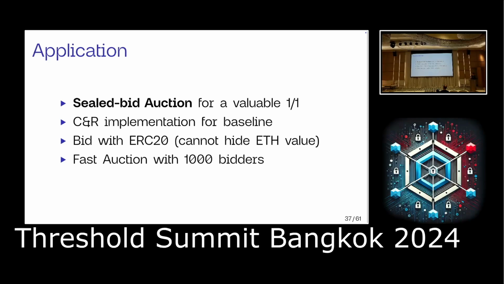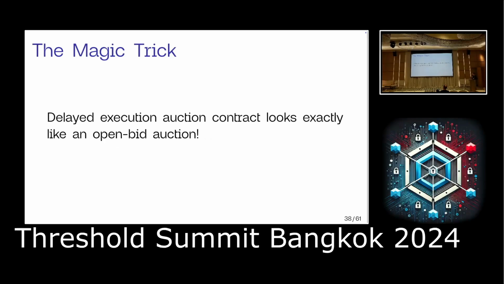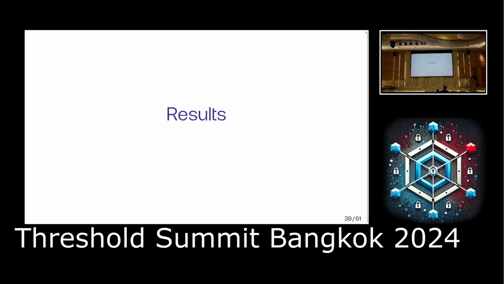And the magic trick with this implementation is that the implementation for delayed execution is actually almost the exact same thing as an open bid auction, because it's the delayed execution and the temporary encryption that provide us with the sealed bid. So that's pretty nice.